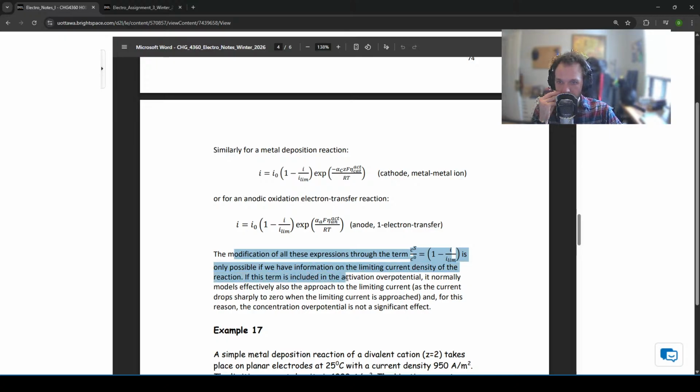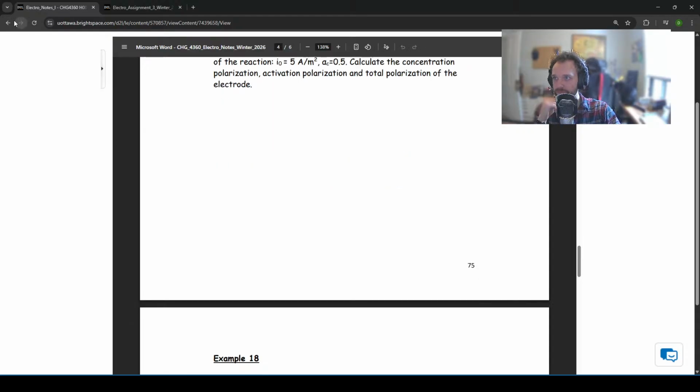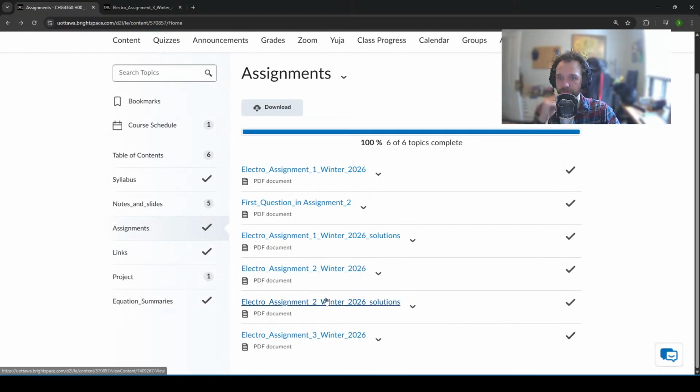If this term is included in the activation overpotential, it normally models effectively also the approach to the limiting current, as the current drops sharply to zero when the limiting current is approached, and for this reason the concentration overpotential is not a significant effect. And that's the example. Okay, that seems to make sense.